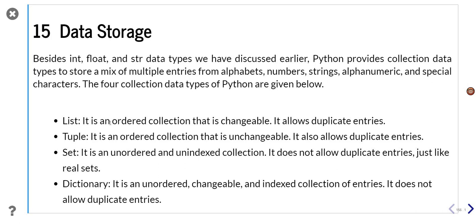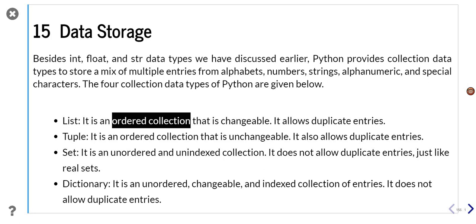So the first one. What is a list? Earlier we have already defined lists, right? Remember we used a lot of fruits lists and things like that. We use a square bracket. It's an ordered collection that is changeable. What is an ordered collection? That means you can use an index. The order that you type in, orange, banana, like that, is the order it will follow, which means you can use indexing to access that particular input.